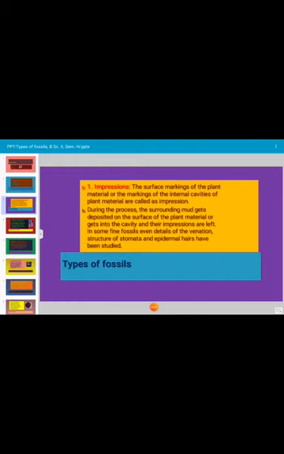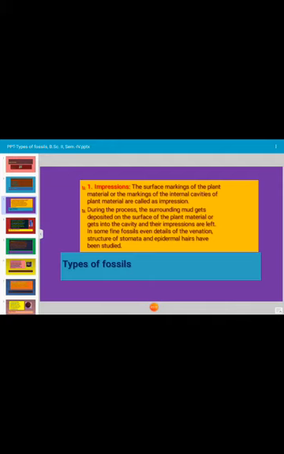The surface markings of the plant material or the markings of internal cavities of the plant material are called impressions. During the process, the surrounding mud gets deposited on the surface of the plant material, or the mud gets into the cavity and their impressions are left.